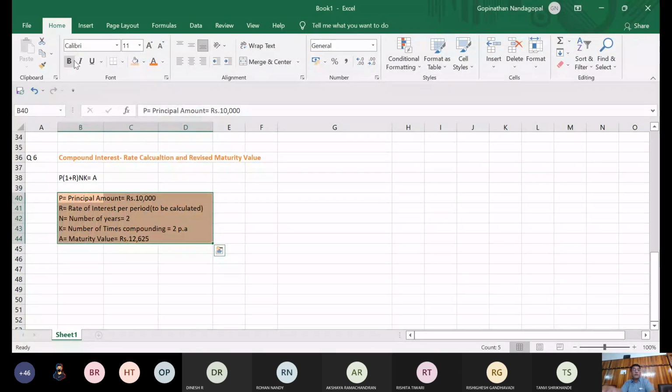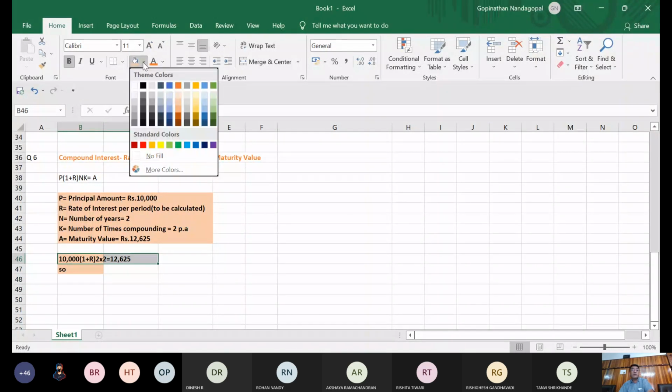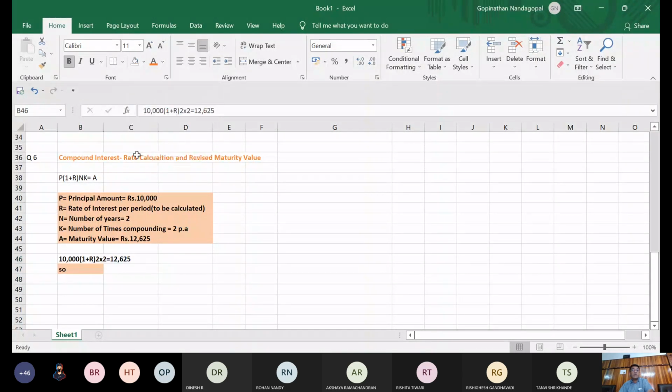P is equal to 10,000 (1 + R), R we have to calculate, the power is 2 into 2, is equal to 12,625. So I'm just simplifying this.